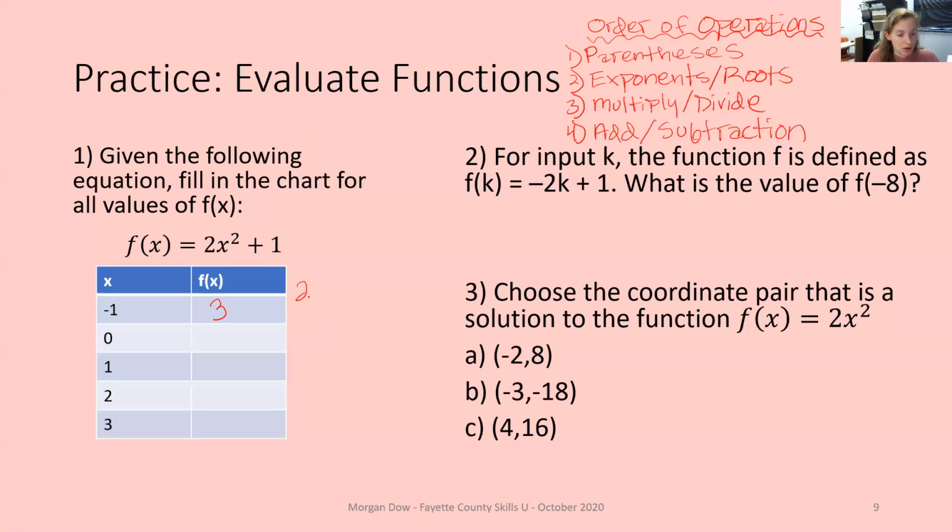I'm going to plug in my next input, which is 0. 0 squared is 0. 2 times 0 is 0. 0 plus 1 is 1. So an input of 0 gives me an output of 1.